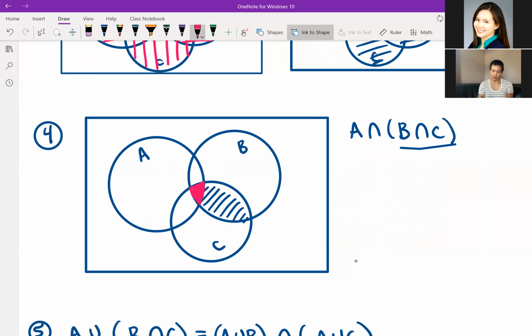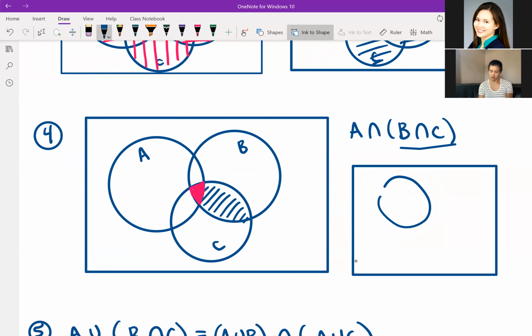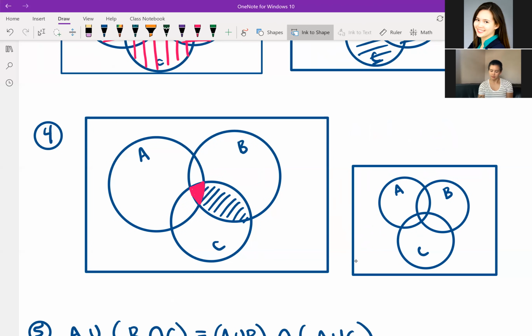And similarly, if we drew the exact same thing, and instead we did, I'll write this for more space, A intersect B intersect C. That's the same thing we'll see as next.